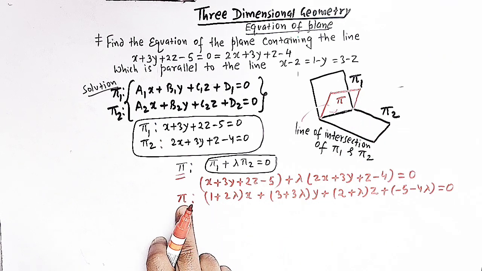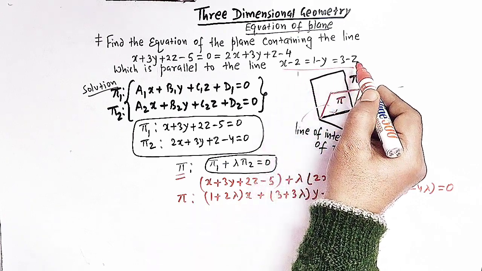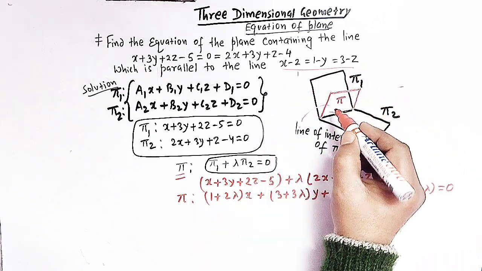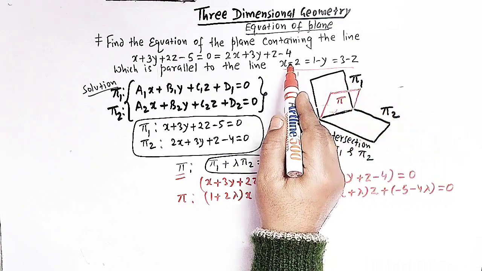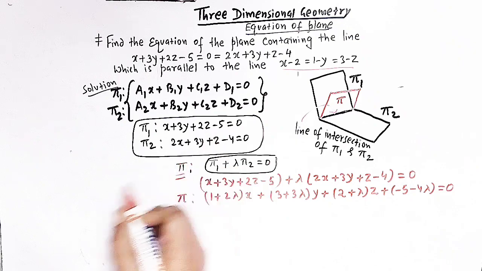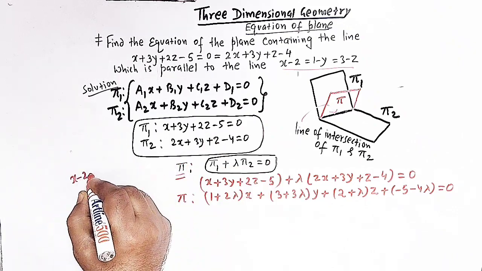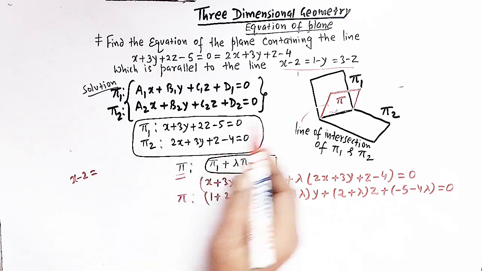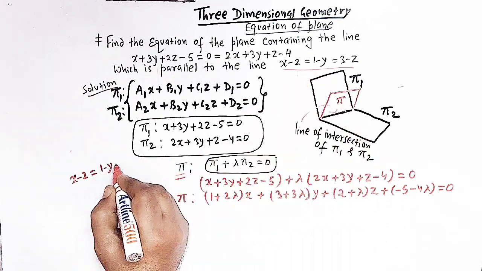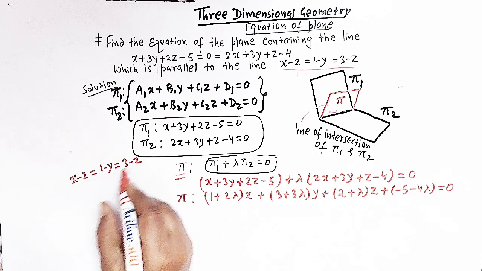Now this plane pi is parallel to this line, right? So we can write the equation of this line in symmetrical form, that is x minus 2 is equal to 1 minus y and 3 minus z. Let us slightly modify this equation.